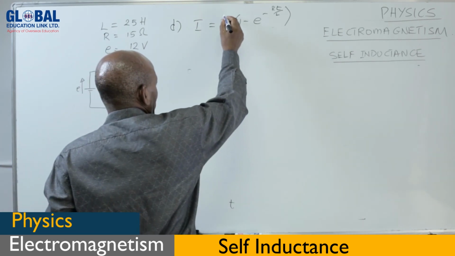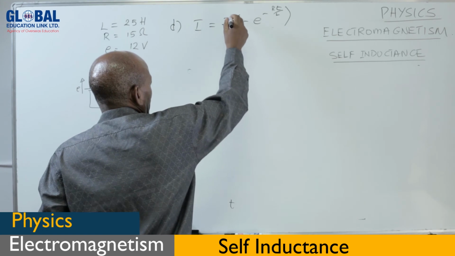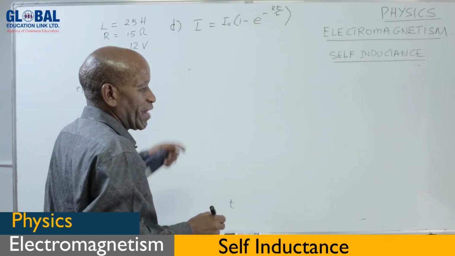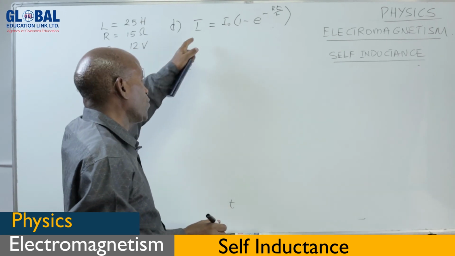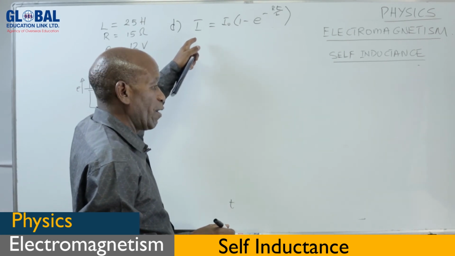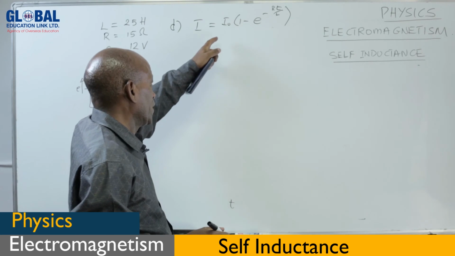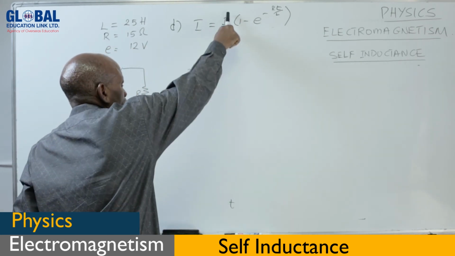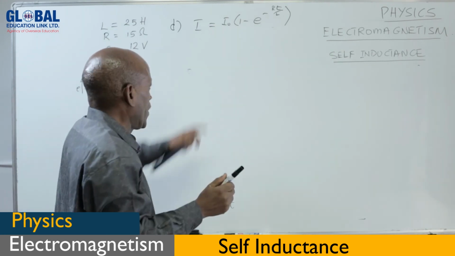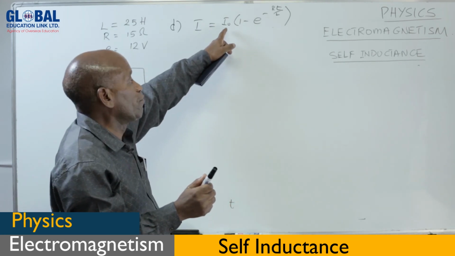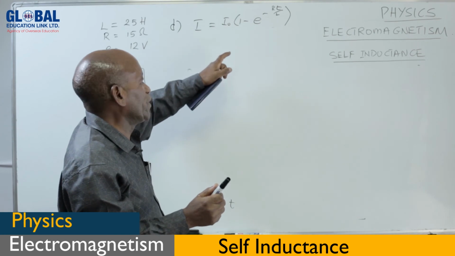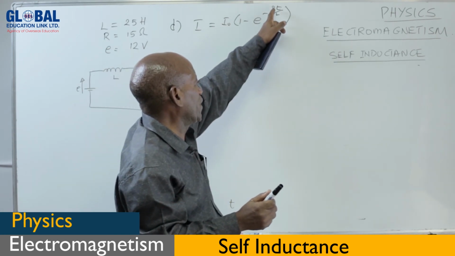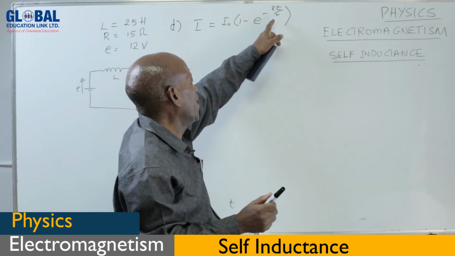Here I naught is the equilibrium value, and the current should be equal to a half of that much. So substitute a half of I naught into the equation, as I naught is the equilibrium value, and substitute the values for the resistor and for the inductor.